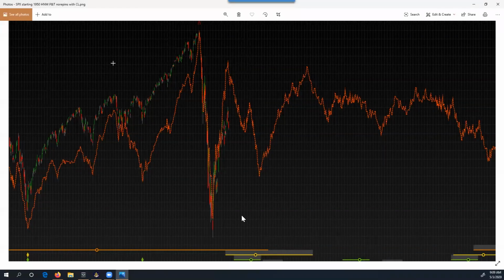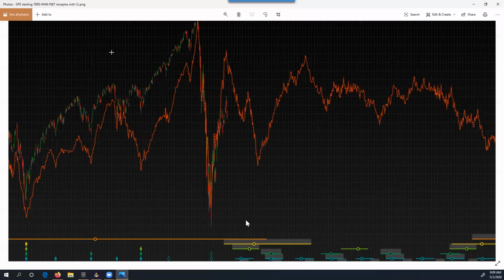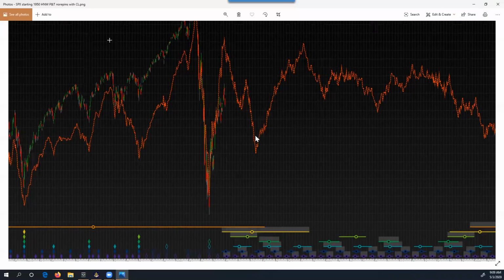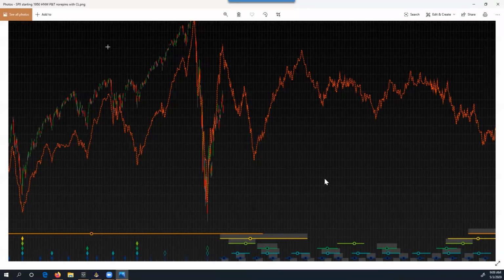And if the majority are pointing to the upside, they're coming up out of a large cycle trough, for instance, then it's projecting upward movement. The composite line does not project price.